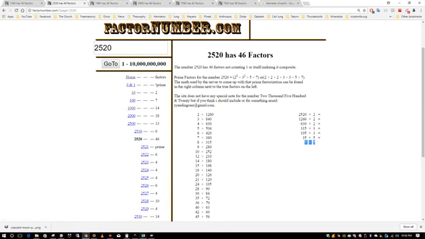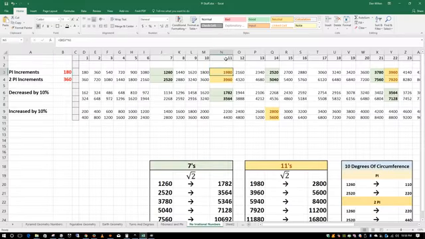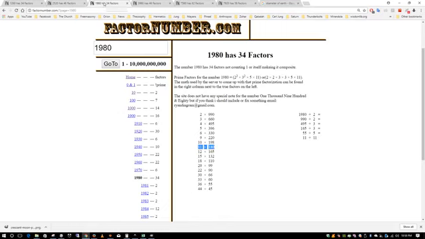So then the 1980 represents our pi over 2, right? Because this is 11. This is pi, 22. This is pi over 2, which is 11. So if we take a look at 1980, we can see that it is an 11. You notice that it doesn't have a 7 as a divisor, it has 11 as a divisor.